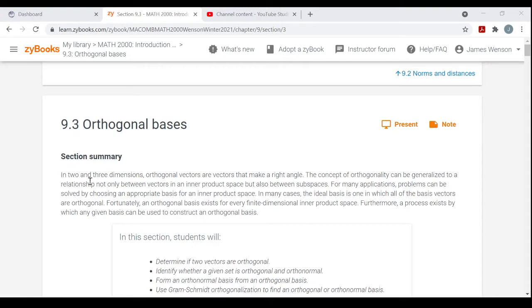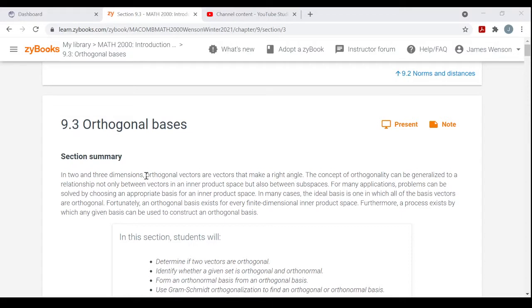So in 2 and 3 dimensions, R2, R3, Euclidean space, orthogonal vectors are vectors that make a right angle. Now, there's a little caveat to this. This is when we're talking about the inner product being the dot product.